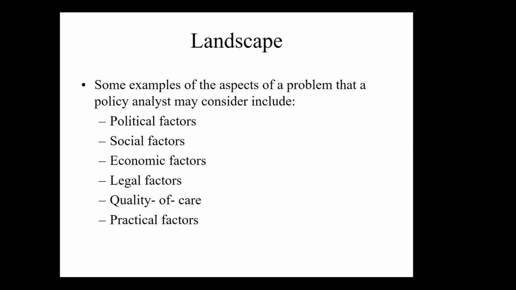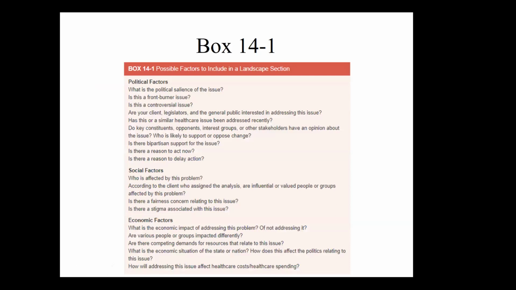The different aspects of the problem that you should consider, these different factors. And this is right from your book, and you're allowed to use your book and have your book open as you go through this. And they flesh that out in more detail here regarding some more specifics of these different factors.